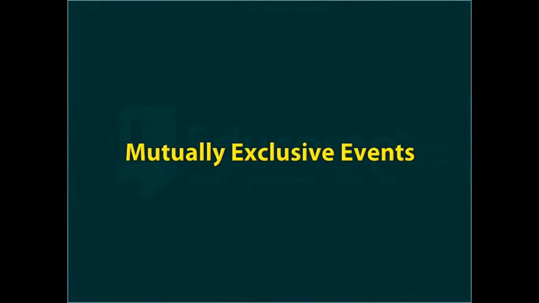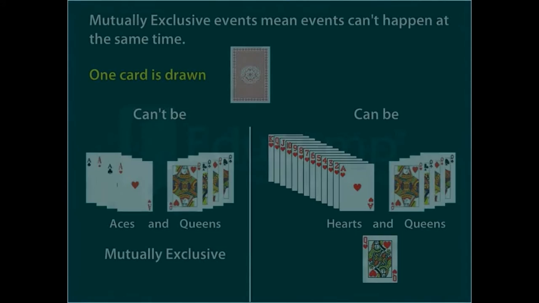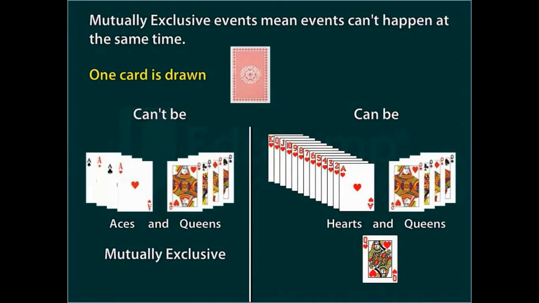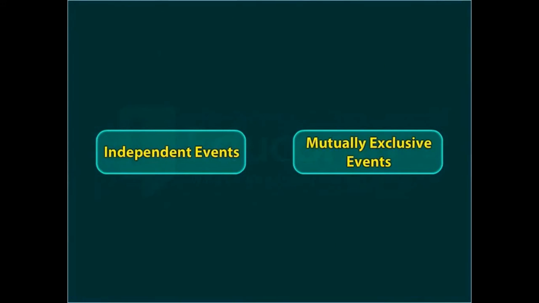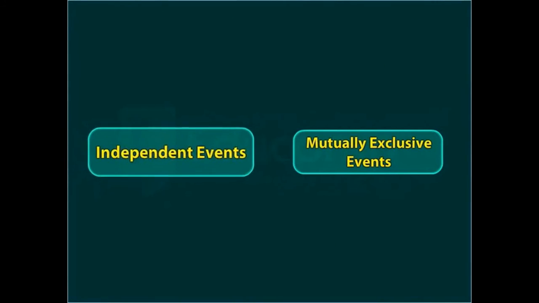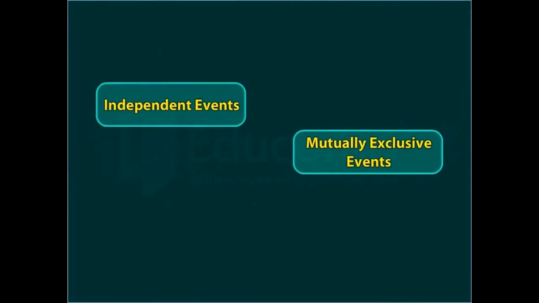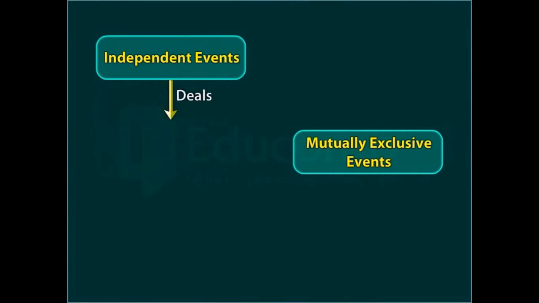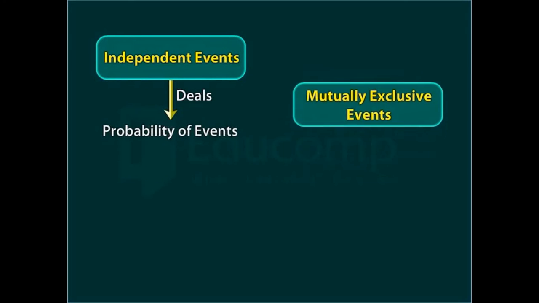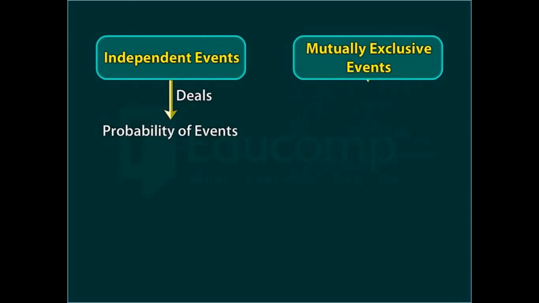Mutually exclusive events. Mutually exclusive means can't happen at the same time. What is the distinction between independent events and mutually exclusive events? Independent events deal with probability of events, whereas mutually exclusive events deal with subsets of the given sample space.